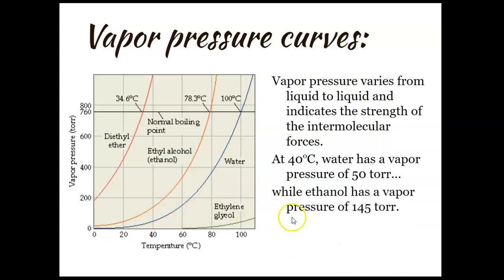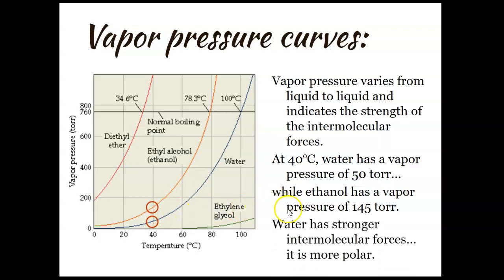Okay, while ethyl alcohol has a higher vapor pressure of 145, which would mean that water has the stronger intermolecular force, which means it's more polar than ethyl alcohol. You want to look at the temperature. The higher the vapor pressure, the weaker their intermolecular force.